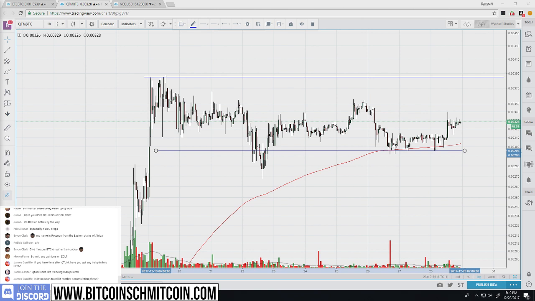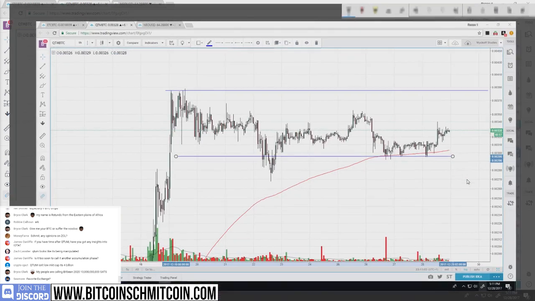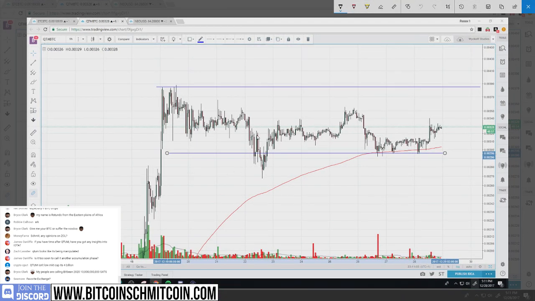Is it too soon to call it another accumulation phase? Too soon for me. So here are some things that stick out to me that make me think it might not be accumulation. We see the volume going up on this dip outside the trading range. And as it rallies out of here, the volume actually goes down, and it kind of consolidates here.